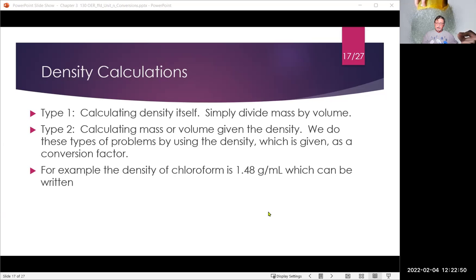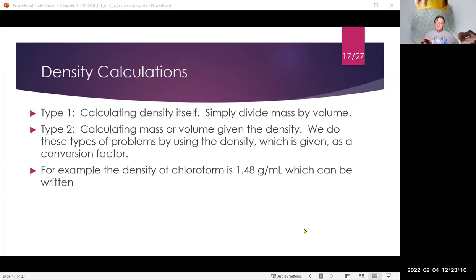For example, chloroform, which is a liquid, it's an organic solvent. Back in the day, when people would be knocked out to get an operation, that's what they did. They would give you a little sniff of chloroform and you're out like a light, okay?